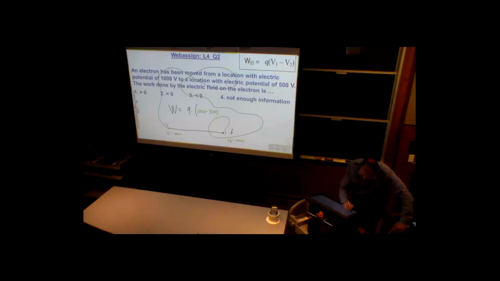This is not a 9, this is a Q, a charge. And the result, of course, depends now on the value of this charge. So anybody, please tell me, what is the value of this number, Q? Or at least what is the sign of it? How do we know?